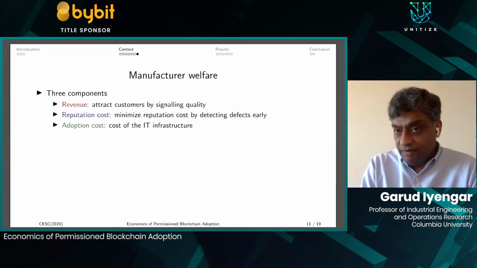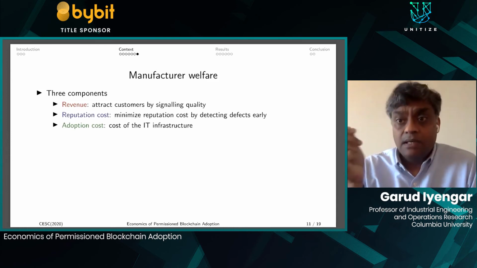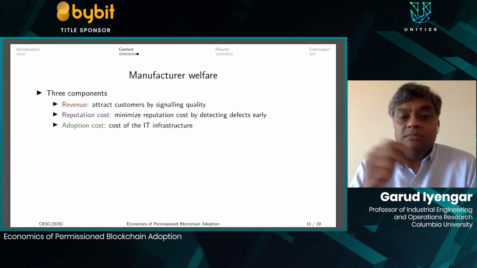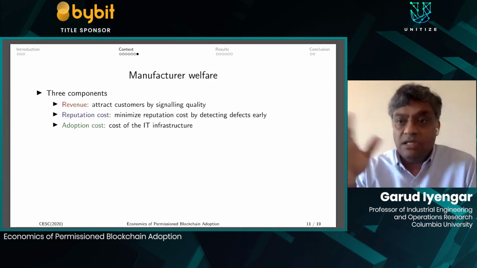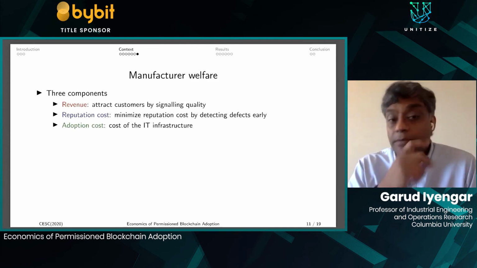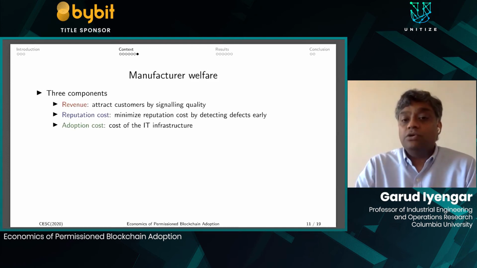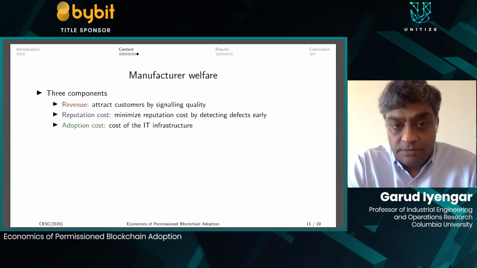Well, they're not going to directly verify it, but maybe there are third-party players that come in and set up apps so that customers are able to see what my past transactions are, what my record is in terms of quality, ratings and things of that sort. Second, reputation cost: I want to minimize reputation cost by detecting defects early. Third, adoption cost: I have to pay for adopting the blockchain.